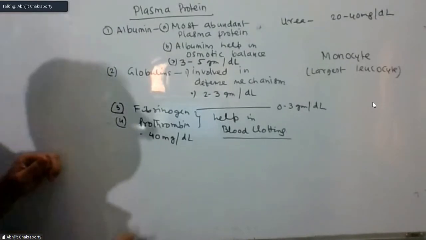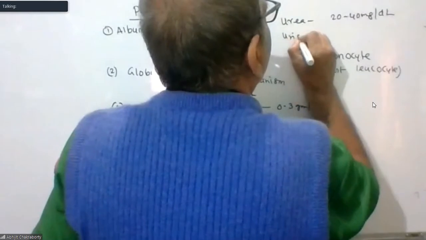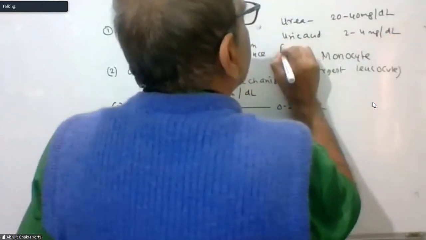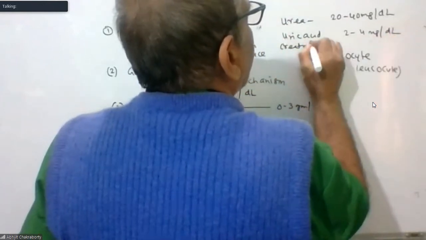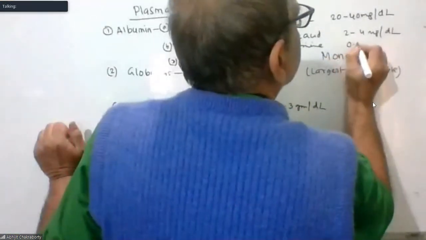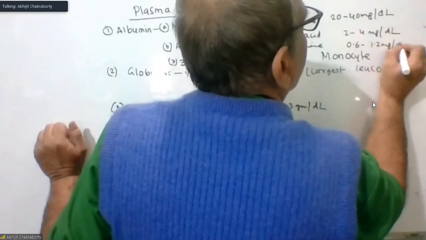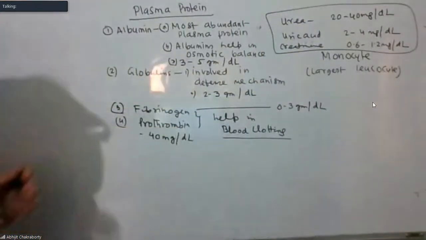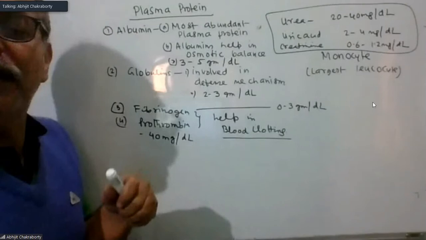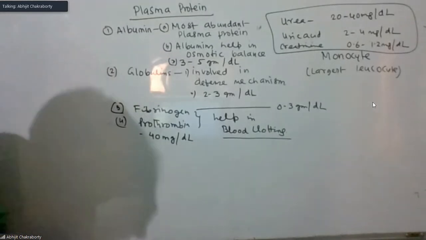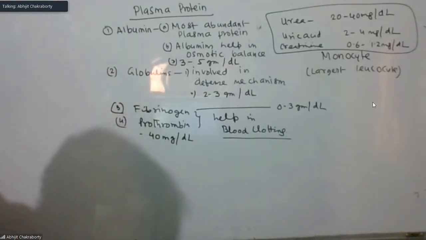Uric acid is 2 to 4 milligram per deciliter, sometimes it may be 5 or 6. Creatinine is 0.6 to 1.2 milligram per deciliter.